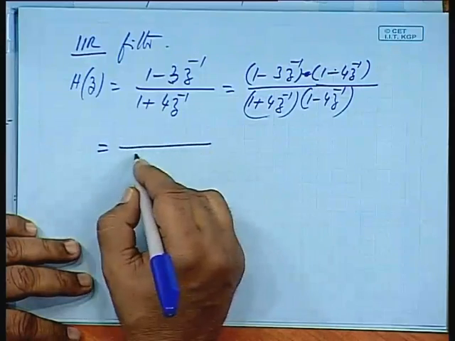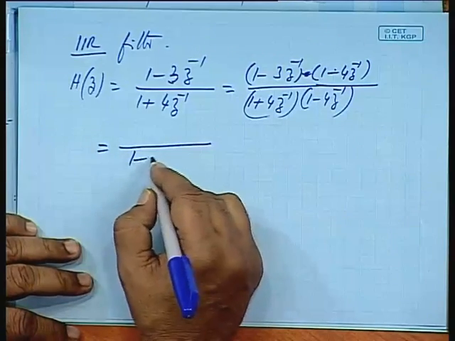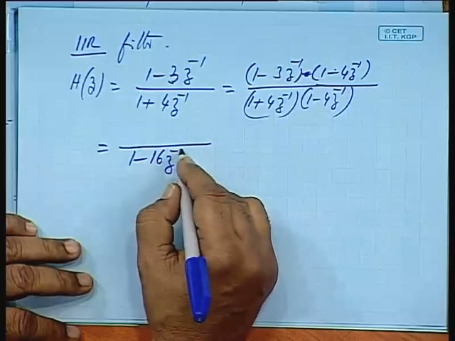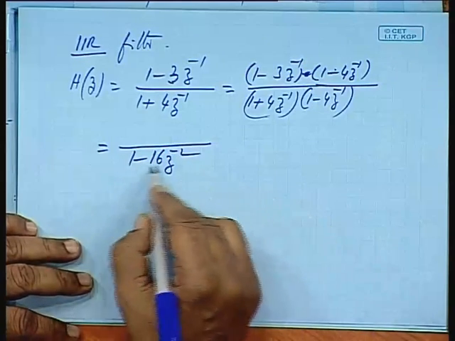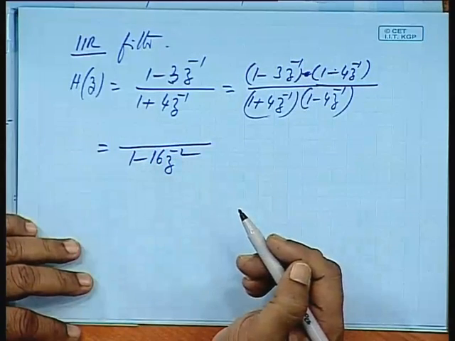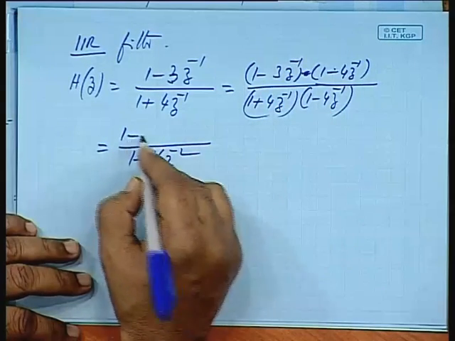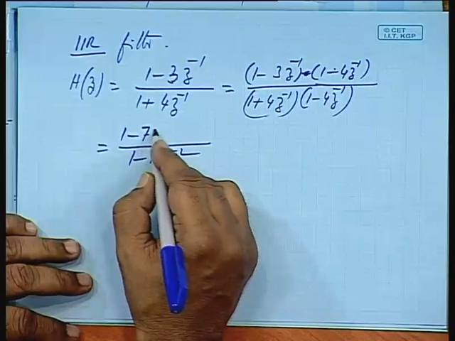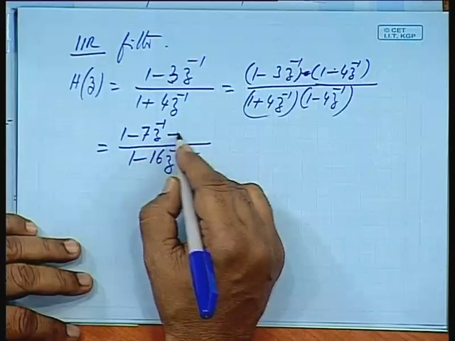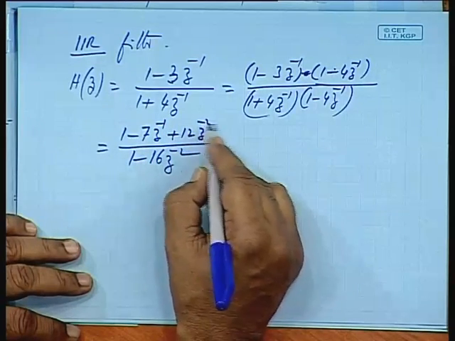So, the denominator becomes 1 minus 16 Z to the minus 2. So, I have got a polynomial in Z to the minus 2. Okay. This one 1 minus 7 Z inverse plus 12 Z to the minus 2.